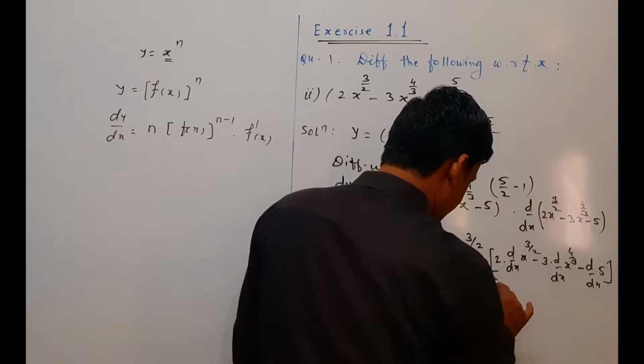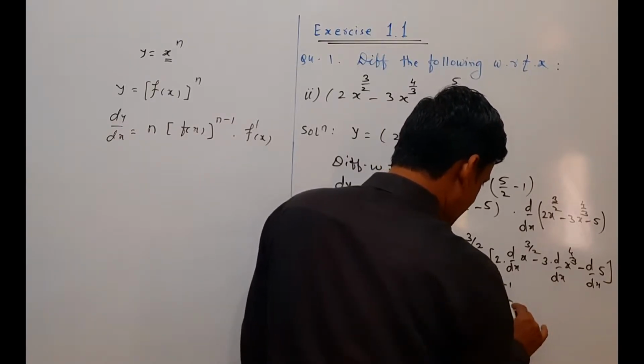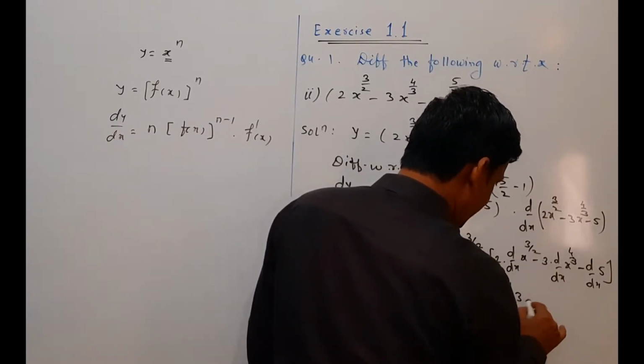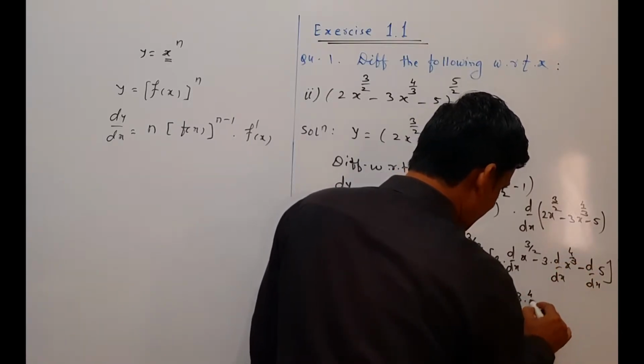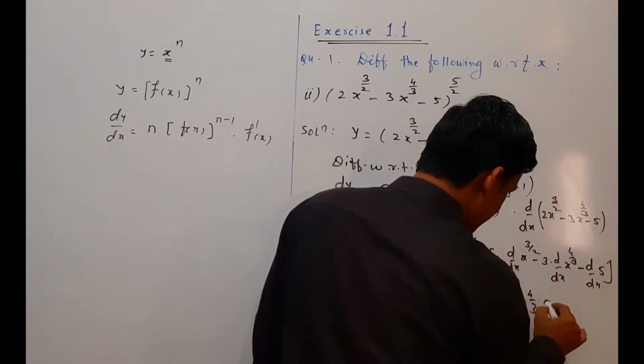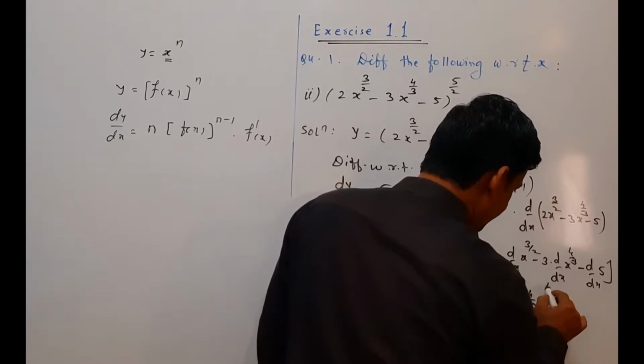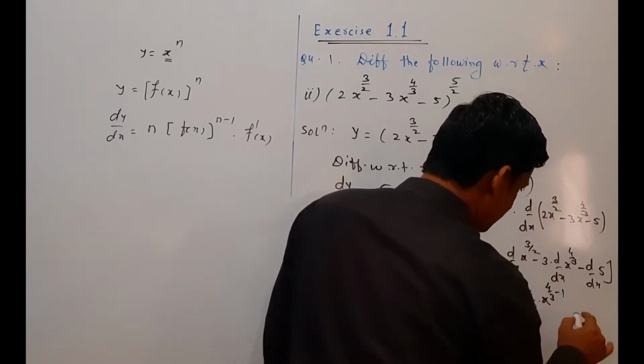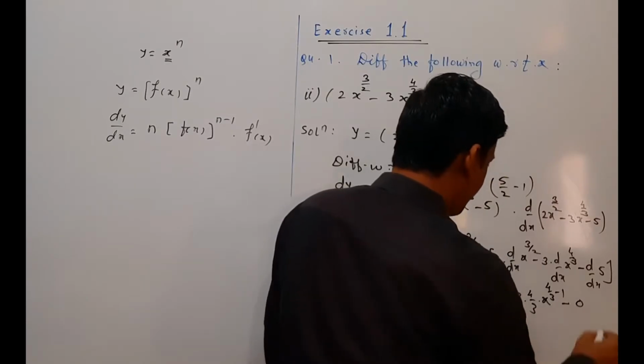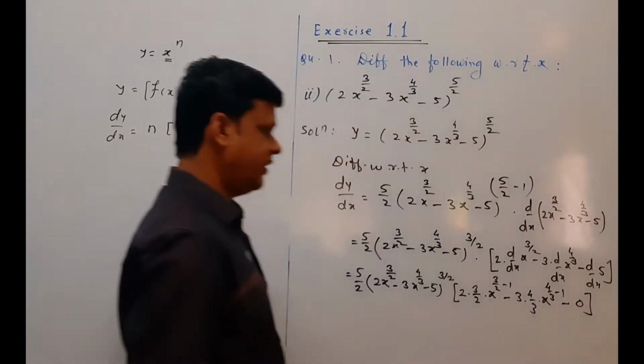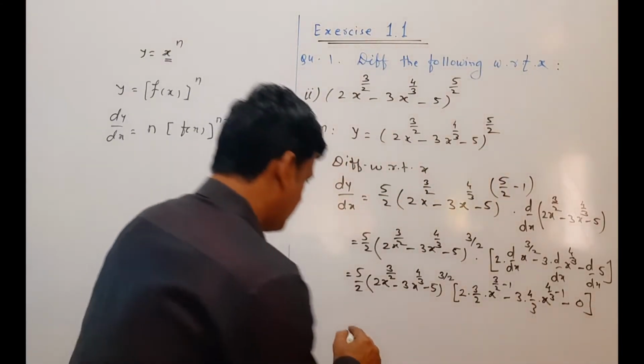So x raised to the power 3 by 2 minus 1 minus 3 as it is, 3 into, so we write this power in multiplication 4 by 3 into x raised to the power 4 by 3 minus 1 minus derivative of 5, that is single constant. So we write its derivative as 0.